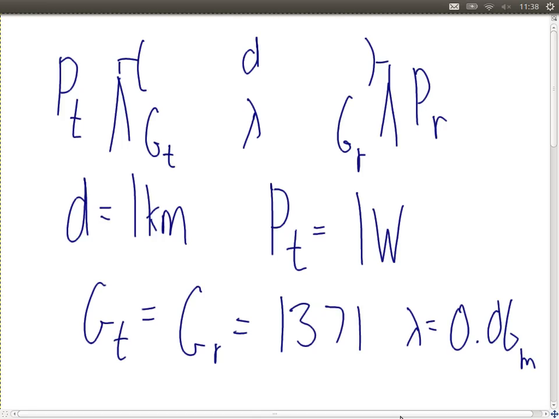It's very easy because you have the equation, you just need to rearrange it so you can calculate PR, because all the other variables are known.